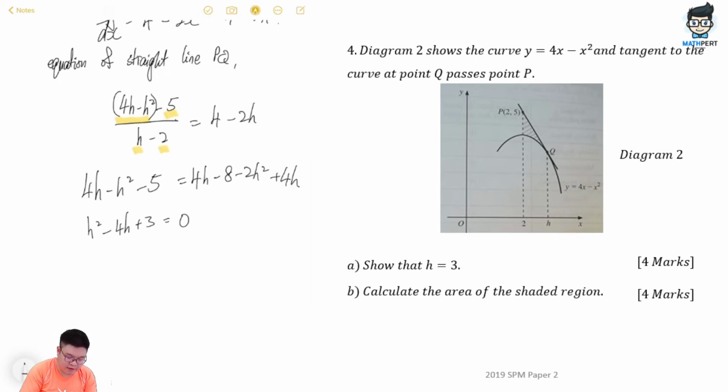Then we can factorize it, so it becomes (h minus 1)(h minus 3). So h is equal to 1 or h is equal to 3.